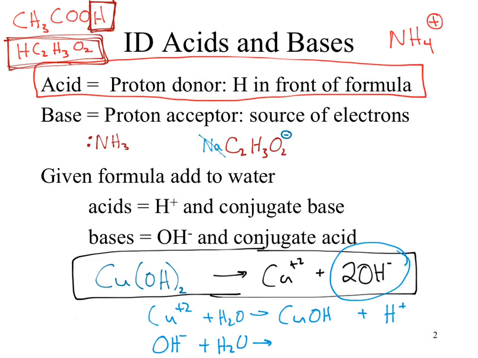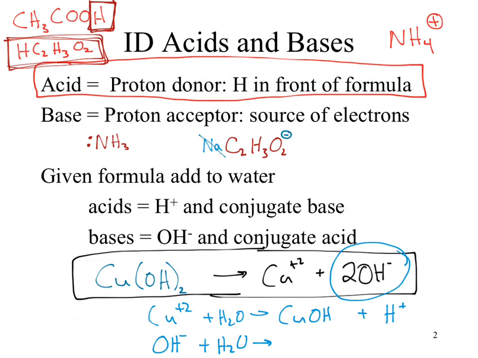A lot of people have problems with this one too. Which is the reactive species, water or hydroxide? Why hydroxide? It's the most charged species there. How do we stabilize the hydroxide? What makes it unstable? Negatively charged.